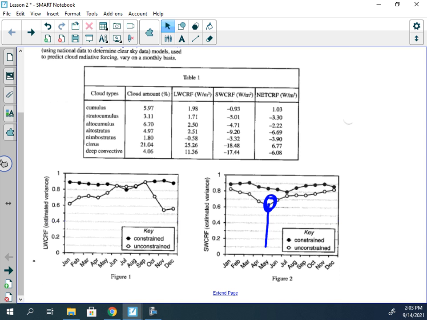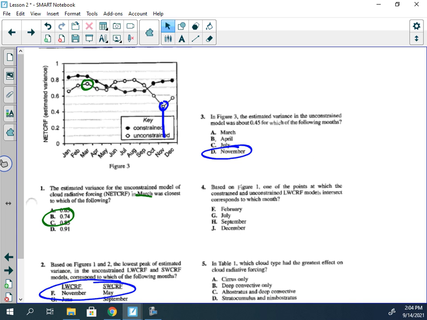Figure 1. So where do they intersect? So June, yes. September, it looks like that they could be there too. June or September. And let's see what the answer choices are. September. Well, it was either June or September. June was not listed, so we're going with September.